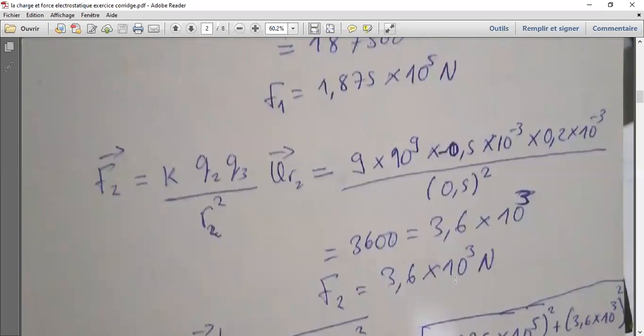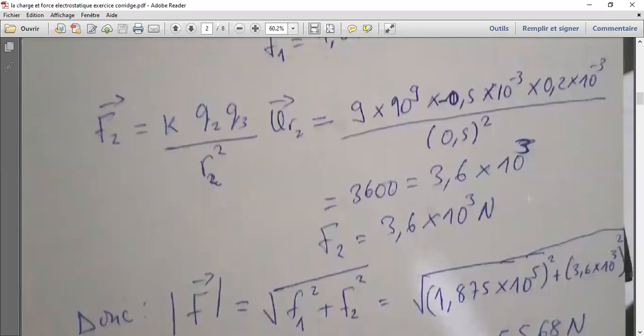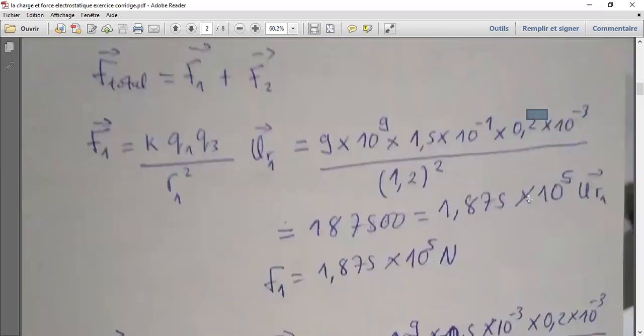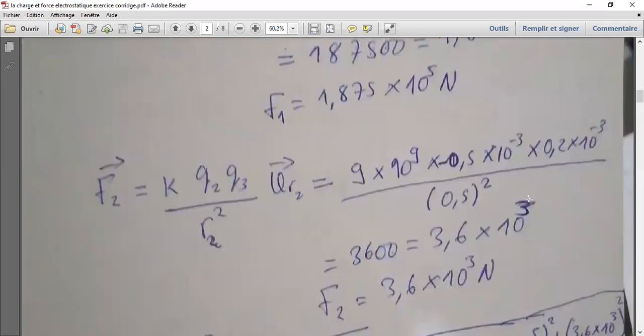After that, you have 3,600, which is your force 2, and you simplify it by writing it in decimal place, which is 3.6 times 10 to the power 3. Then you have found your force 1 and force 2. So it's just a matter of putting in the figures. If you know the formula, you can easily calculate it.